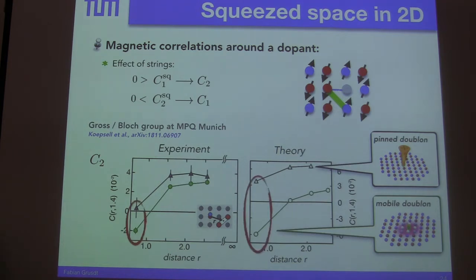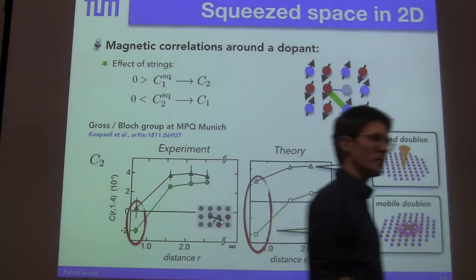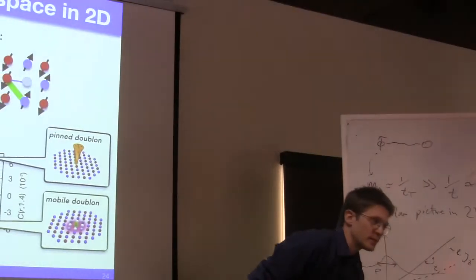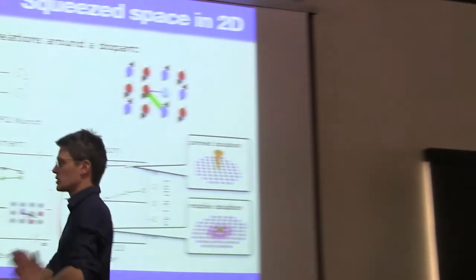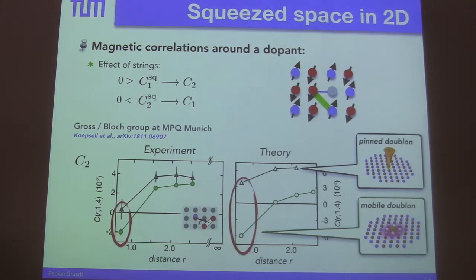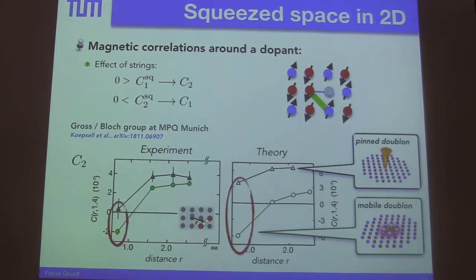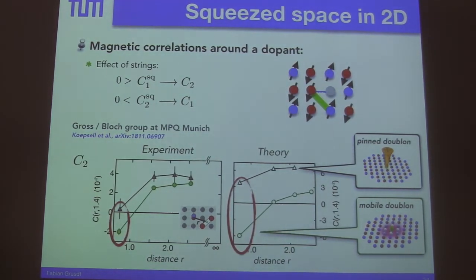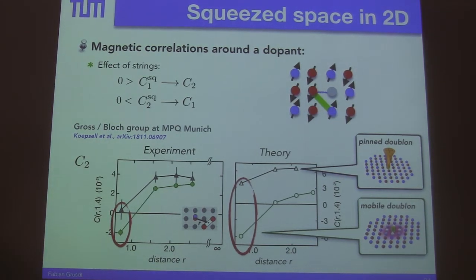Good. So now you can say, I talk much about these strings and these string patterns. And so now, of course, an obvious question is, can we detect these string patterns directly? And in principle, these quantum gas microscopes are super well suited to do that, right? Because they can basically take snapshots, and the idea is to look in every single snapshot. And if this picture is true that I'm drawing with the strings, in every single snapshot we should see a bunch of these string patterns.